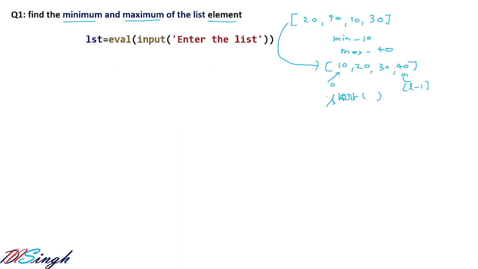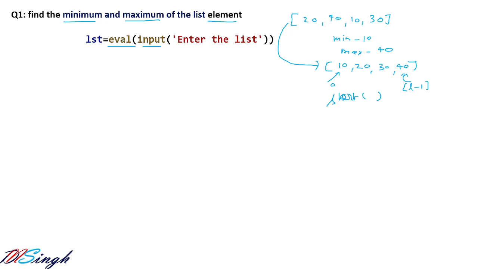Let us write the code. First we are going to read the list from the user. The input function, I hope you are all familiar with, is used to take input from the keyboard, and the eval function is going to convert that input into the type of the value entered. So if you enter a list, this particular variable will become list type. If you enter a tuple, this variable will become tuple type.